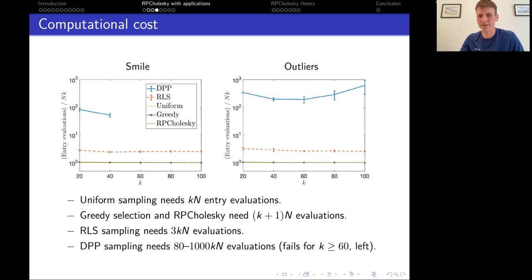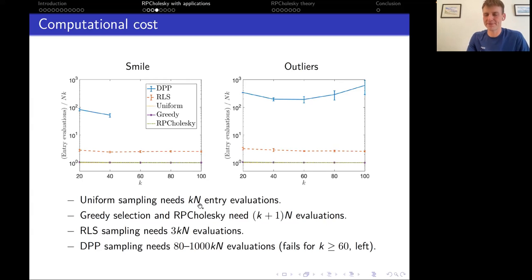When it does run, it needs 80 to 100,000 kN evaluations empirically. RLS sampling, ridge leverage score sampling needs about 3 kN evaluations. I'm just counting the number of kernel entry evaluations you need to form a rank K approximation. And then the other methods are really cheap.